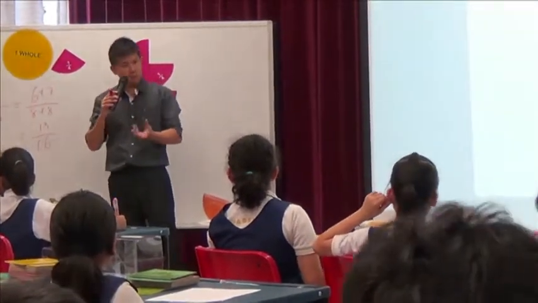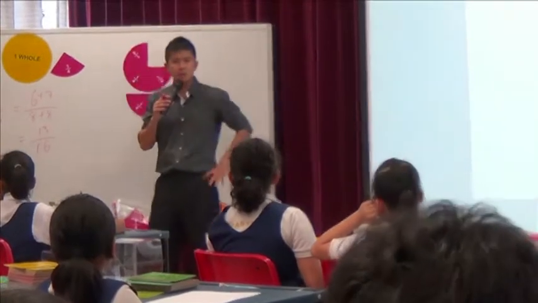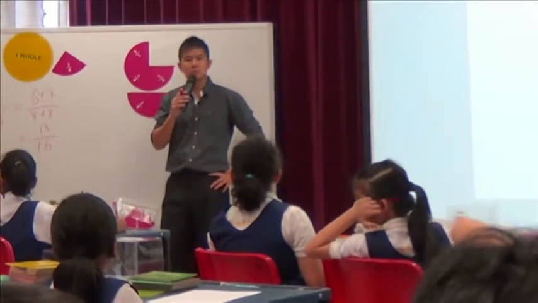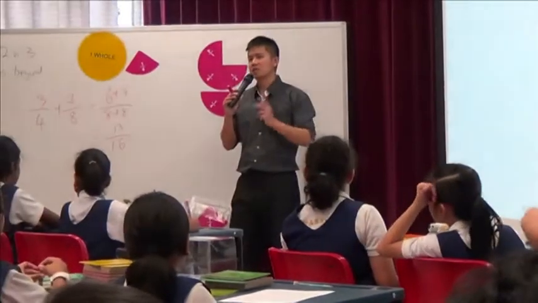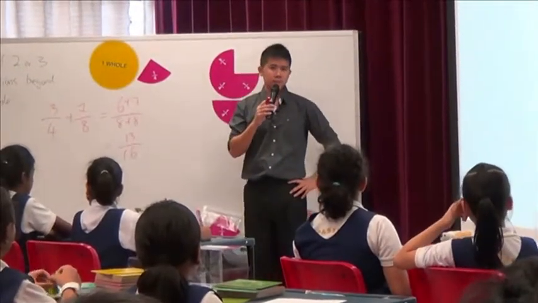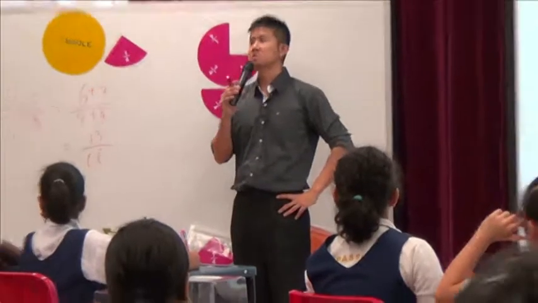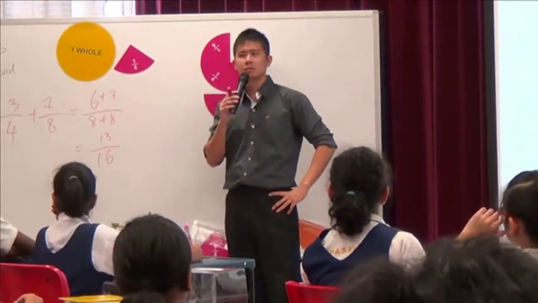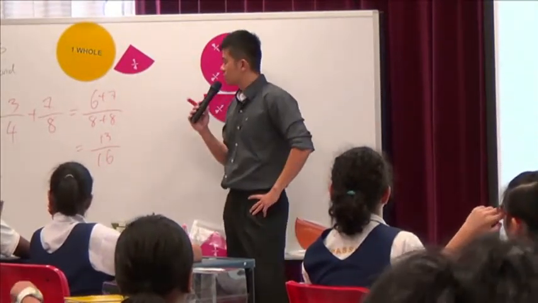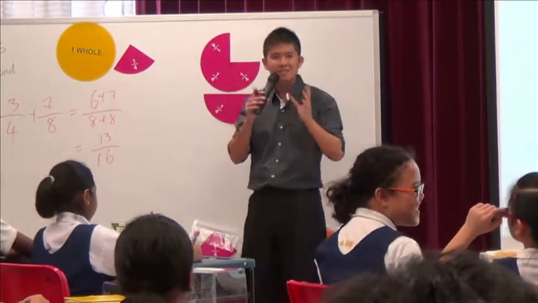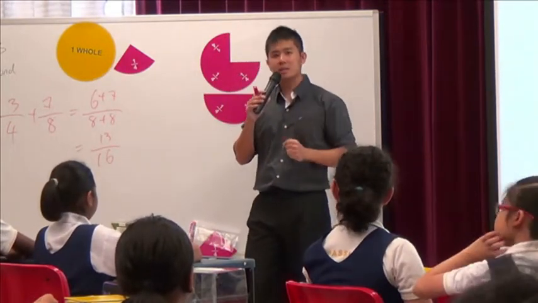But 8 plus 8 is 16, that's correct. So what's wrong with that? You cannot add the denominator. Why? Because they are really the same. Okay, interesting. So she said that as long as the denominator is the same, you cannot add them up again.